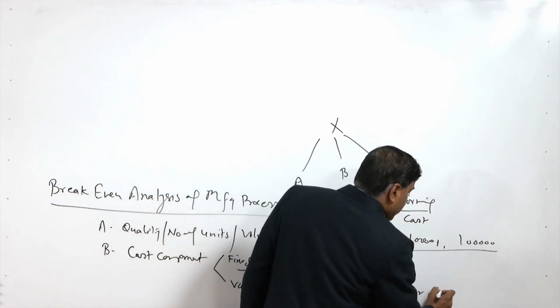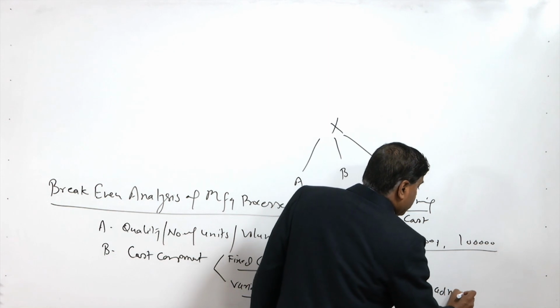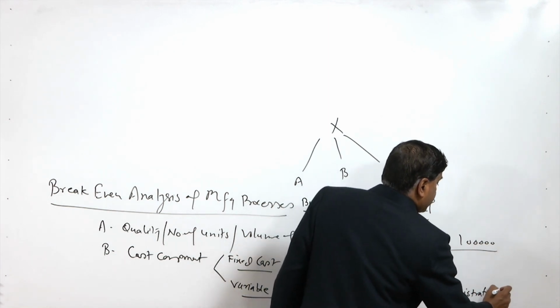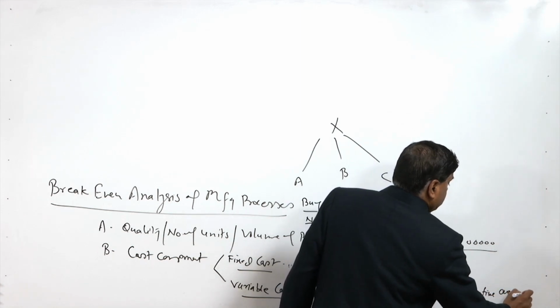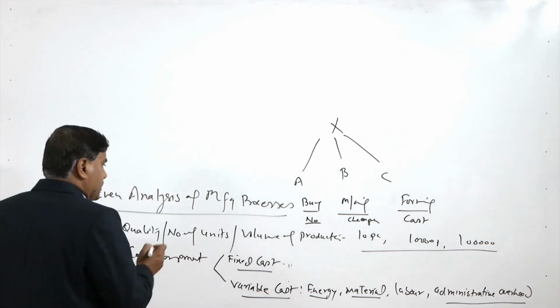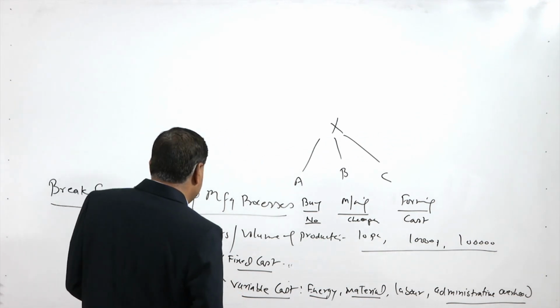So, we write that in terms of the administrative overheads. So, this also falls under the variable cost.